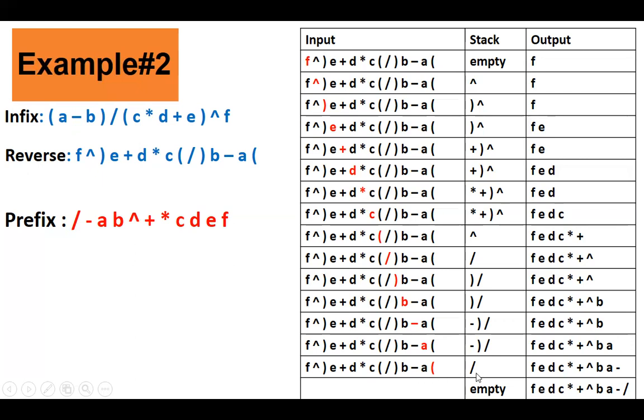So whatever is in the stack, just pop it out and add it to the output, right? So the division symbol is also added to the output. Now your stack is empty. Fine. Now what is the next step? Reverse this output, so that you get a prefix expression: slash minus a b raised to plus star c d e f.